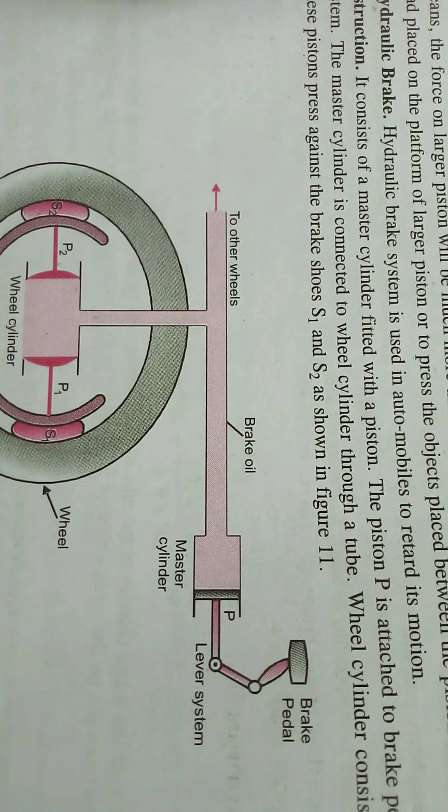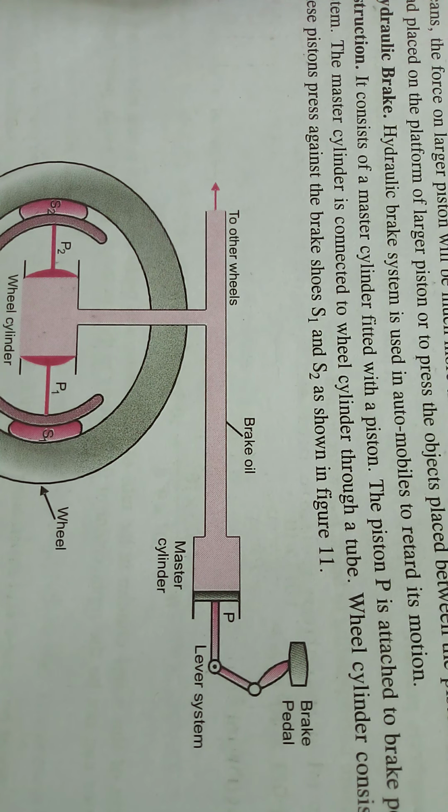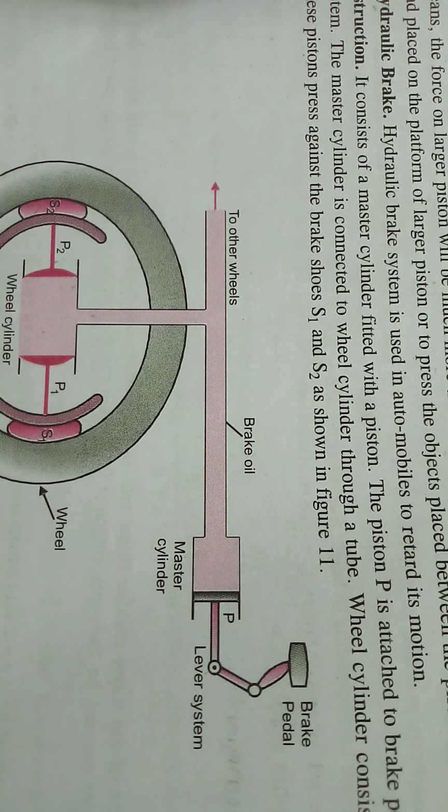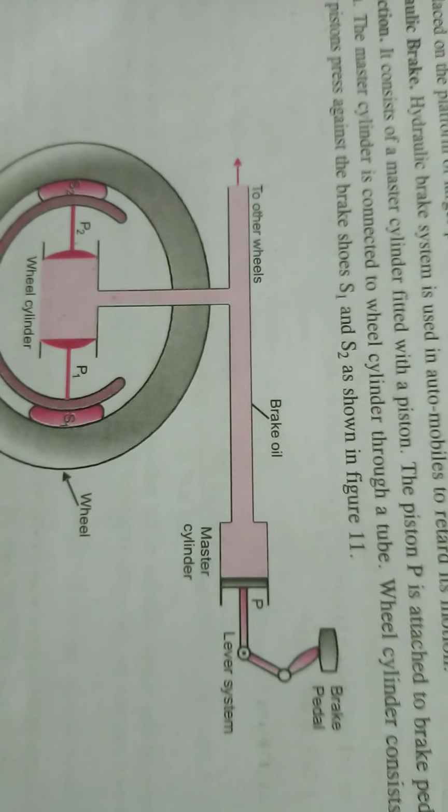When they press S1 and S2, that is the brake shoes, they apply force on the wheel and the wheel is stopped. So in this manner a hydraulic brake works.